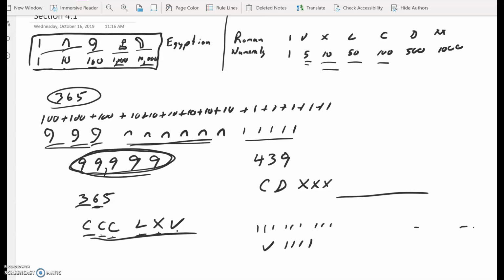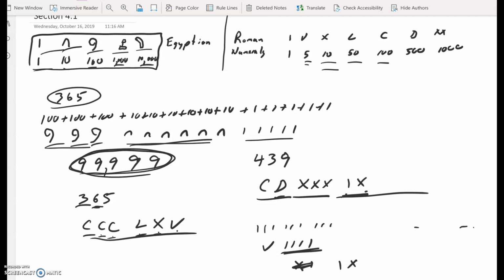No, we need at most 3 of those. And so it looks like one way to get to 9 would be to do 10, and then instead of adding 1 and getting 11, to do 10 take away 1. So there is our 9. So we've got 500 take away 100, that's 430, and then 10 take away 1 is 9.